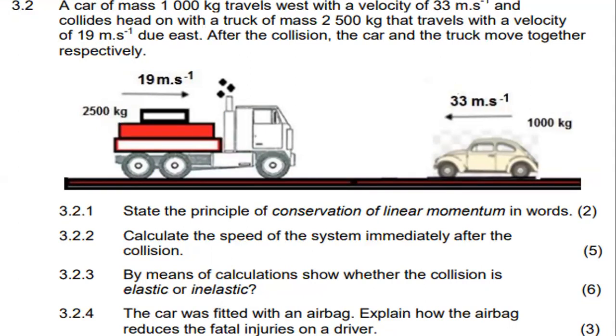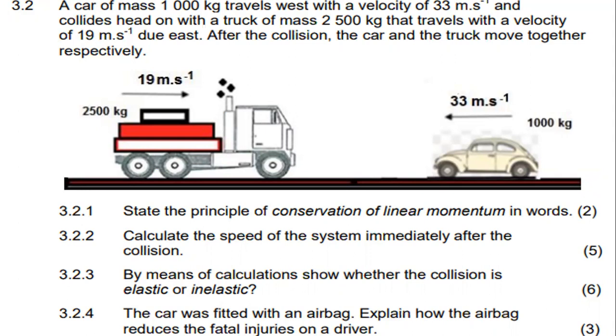Because of the airbag, it tells me that the airbag has something to do with ensuring that the net force decreases. In other words, if the airbag is not there, the net force becomes high and hence the injury becomes fatal.